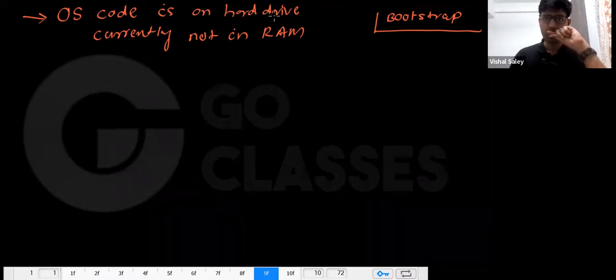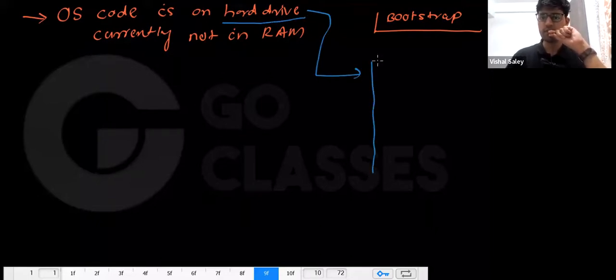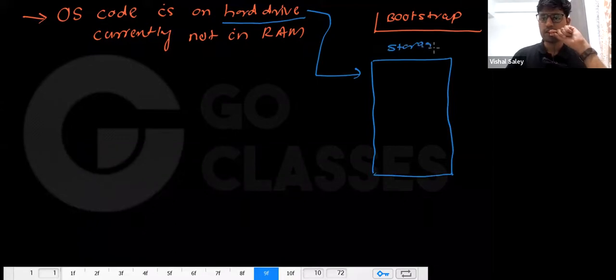Okay, so now let's understand this hard drive in a very superficial manner. Your hard drive is again basically a memory only. It's a storage memory, but it's quite slow. It has some addresses, 0, 1, 2, 3, and so on, right?